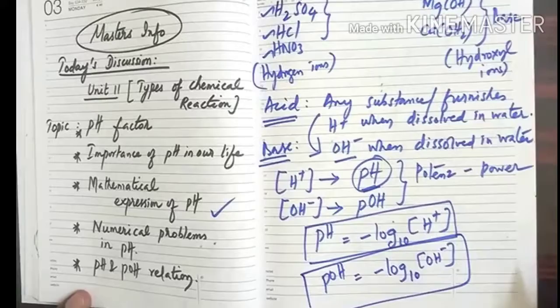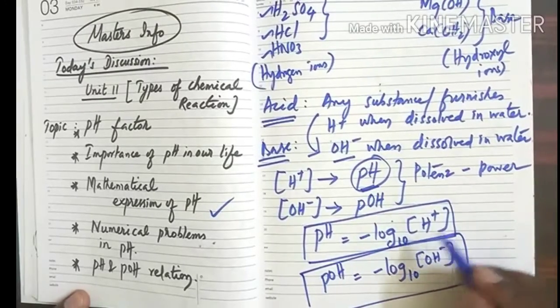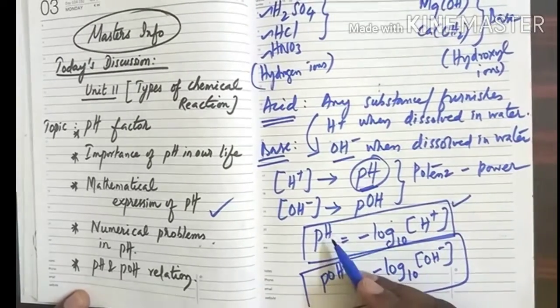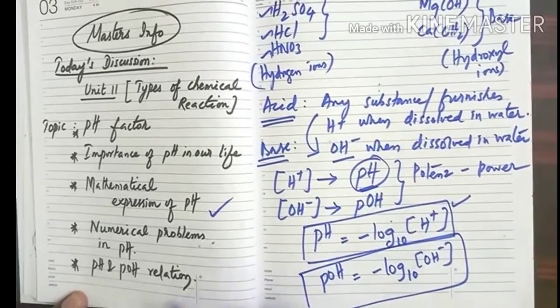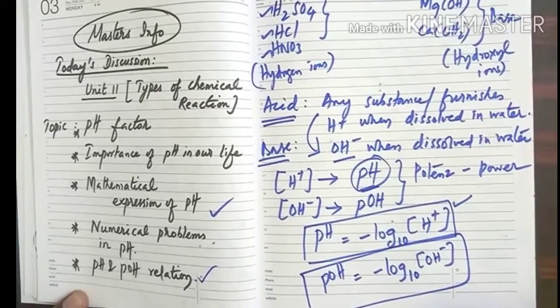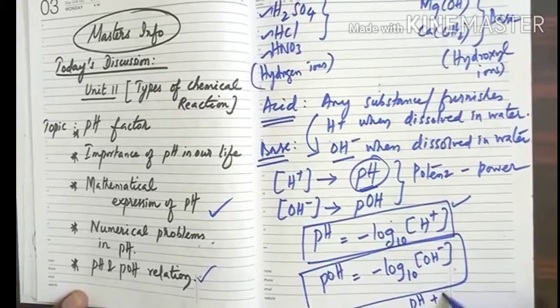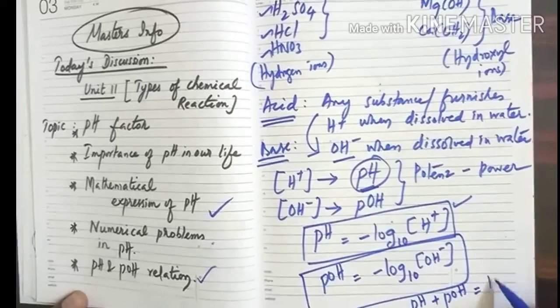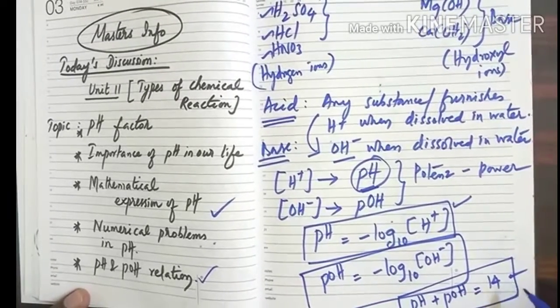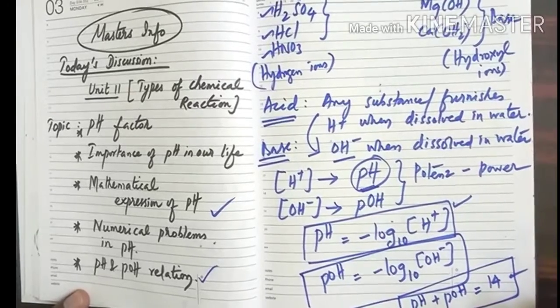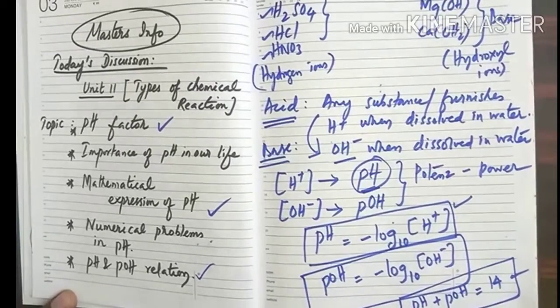In simple terms, minus log base 10 of hydrogen ion concentration refers to pH, and minus log base 10 of hydroxyl ion concentration refers to pOH. What is the relationship between pH and pOH? When we add pH plus pOH, the total should be 14, which is expressed in the pH scale. Hope you understand this concept.